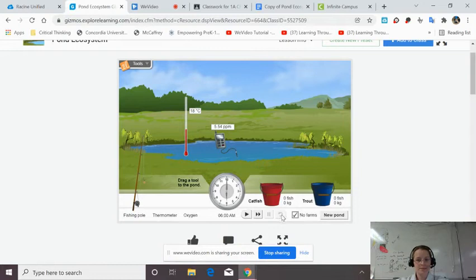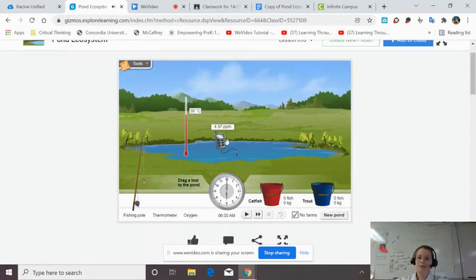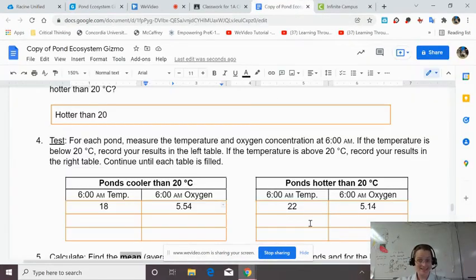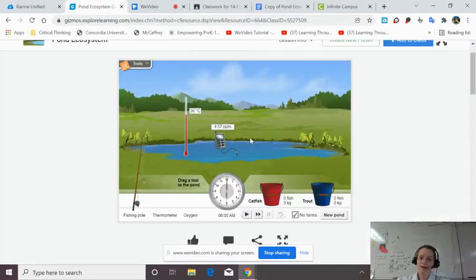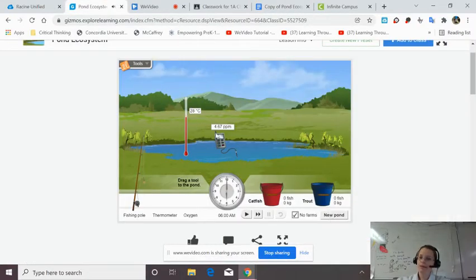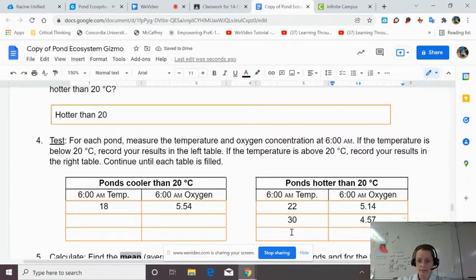Let's do a new pond, 30 and 4.57. I'm getting excited to see this trend. 30 and 4.57. Let's click new pond. We have 28 and 4.67. That can go over here. Now we have to keep clicking until we get ponds cooler than 20.